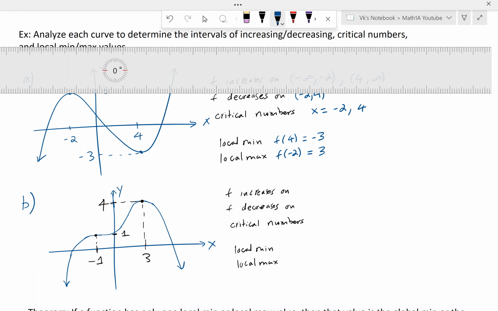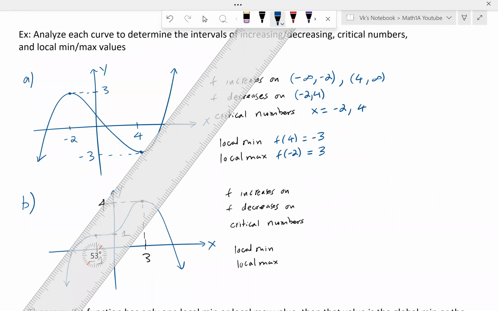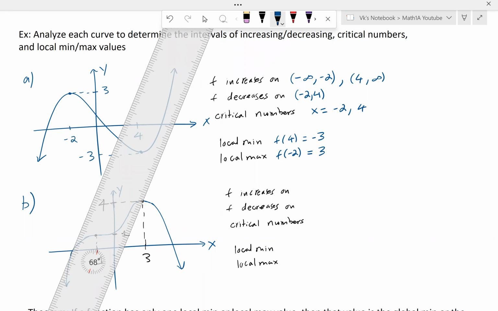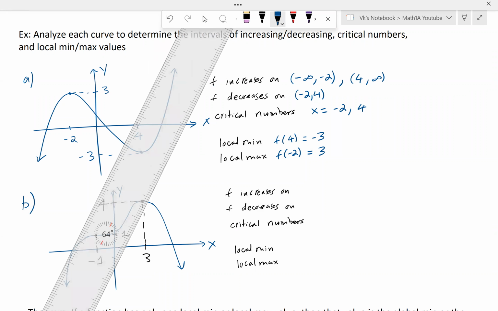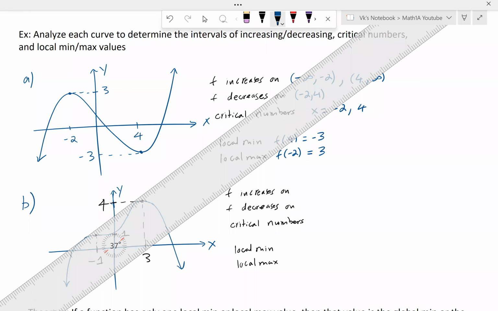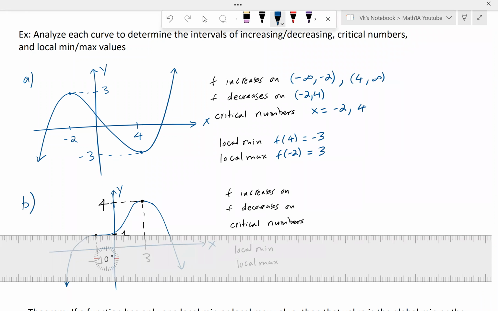We have a different graph. f is increasing on, let's take a look. Well, the function is increasing whenever the slope is positive. Positive, positive, positive, positive. All the way up until this point here. This is when the slope is 0.